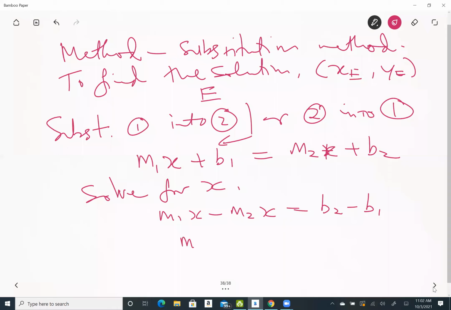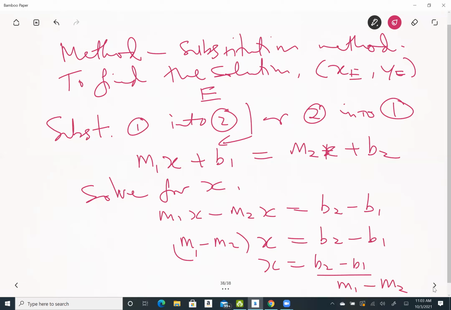So you get (m1 minus m2) x equal to b2 minus b1. Therefore, x equals (b2 minus b1) divided by (m1 minus m2). Bring m2x to the other side, bring b1 to the other side, and you got it.